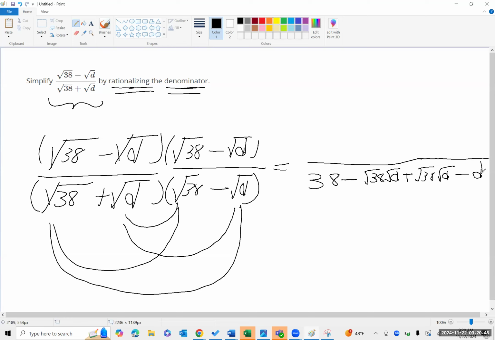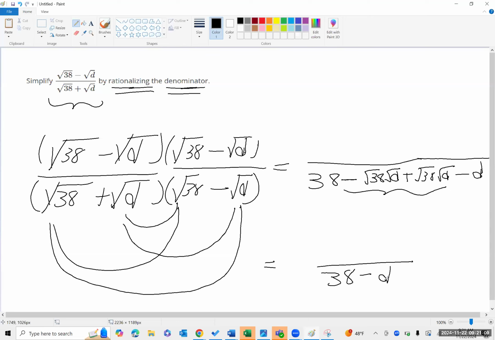Okay, we might as well go to the next step. These two middle terms are going to cancel, so you're just left with 38 minus d. So you've gotten rid of the radical, which is what they mean by rationalizing the denominator.